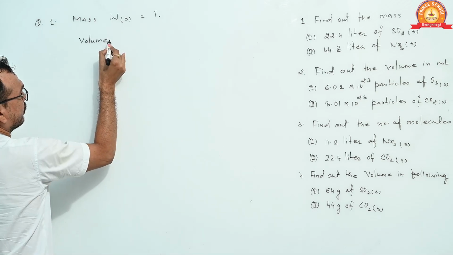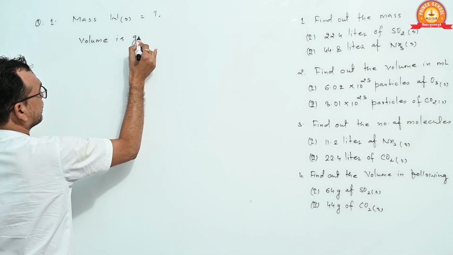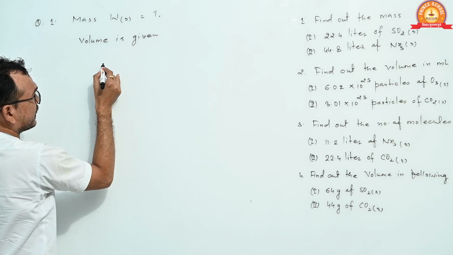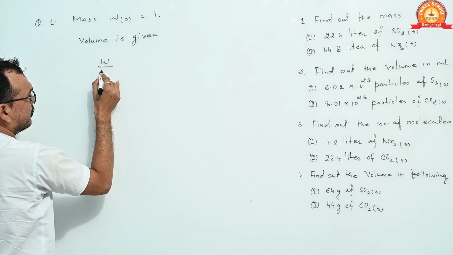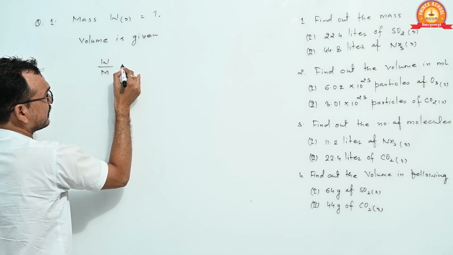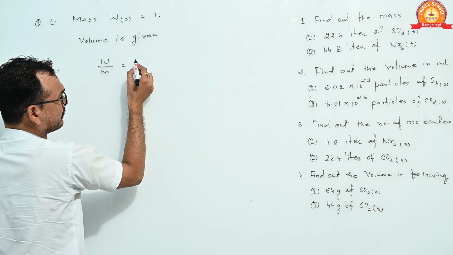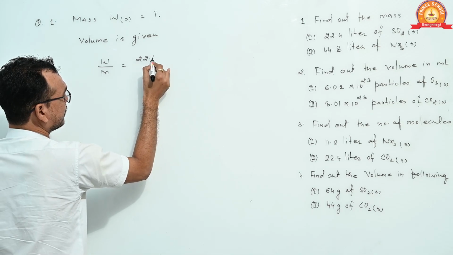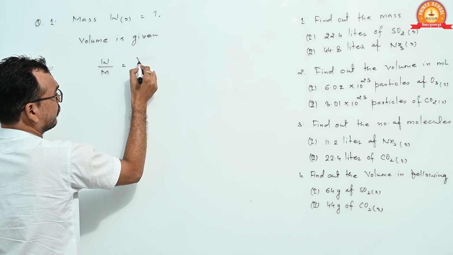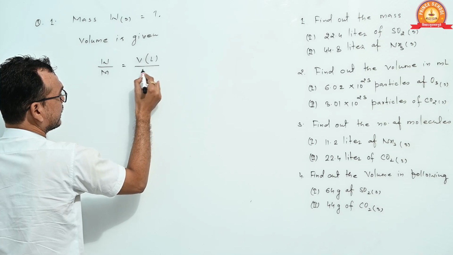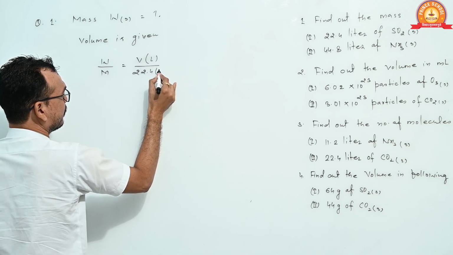Volume is given. Clear? It means we apply W by molar mass is equal to volume in liter divided by 22.4 liter.